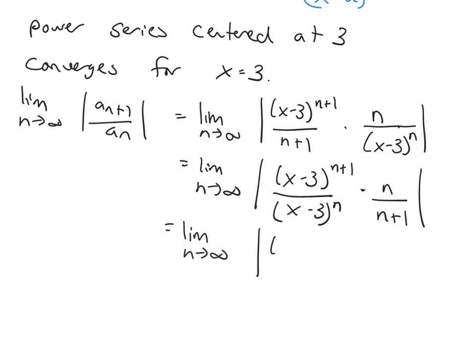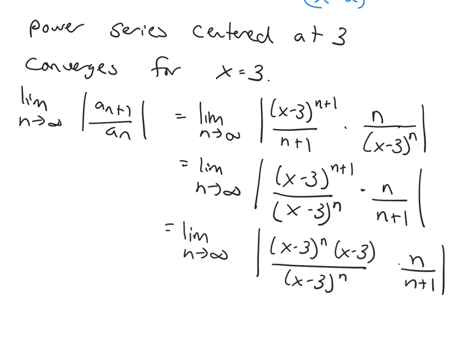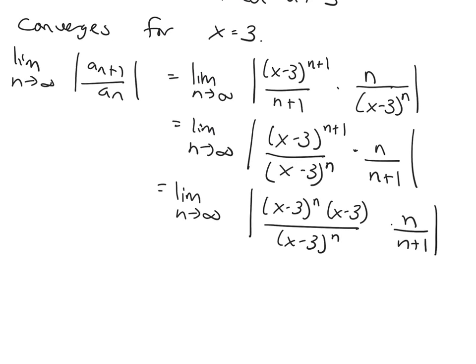So if I do that, x minus 3 to the n, x minus 3, x minus 3 to the n. And now I can cancel. The x minus 3's to the n's cancel, and I'm going to be left with x minus 3.